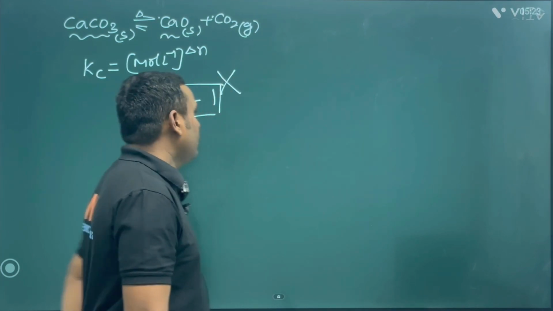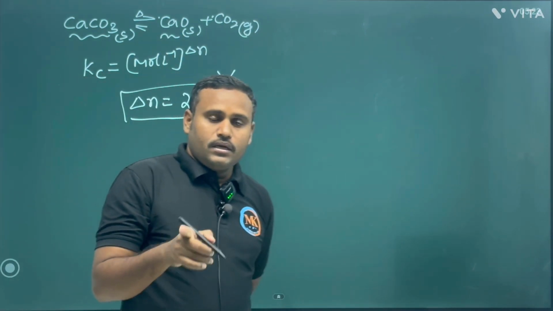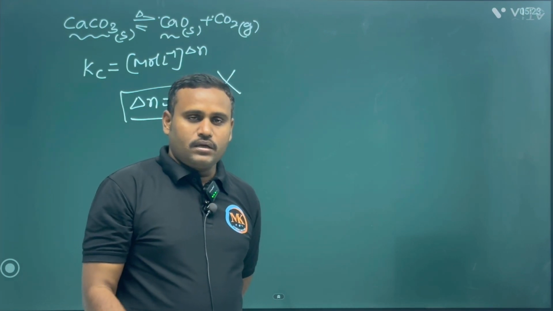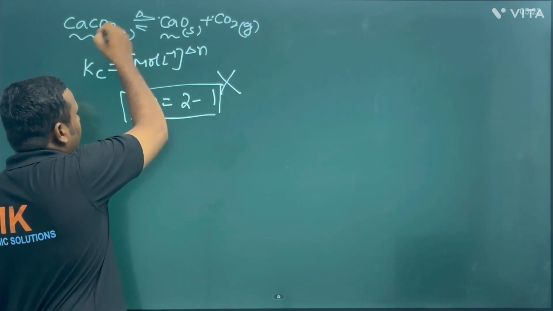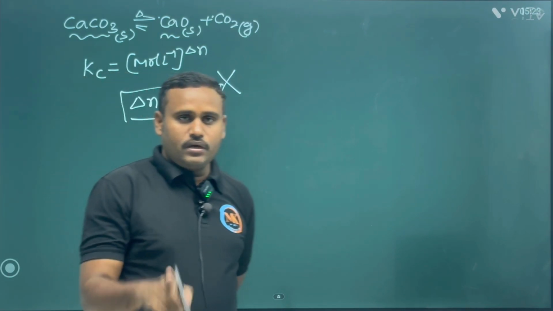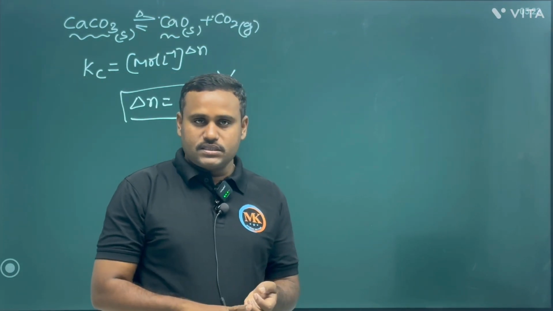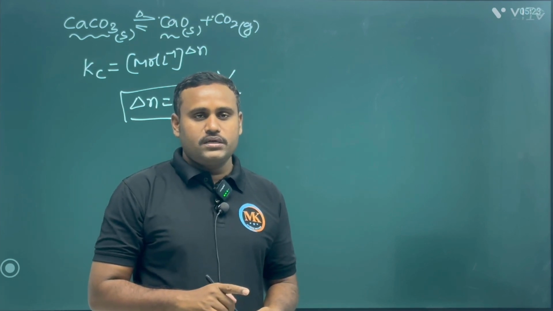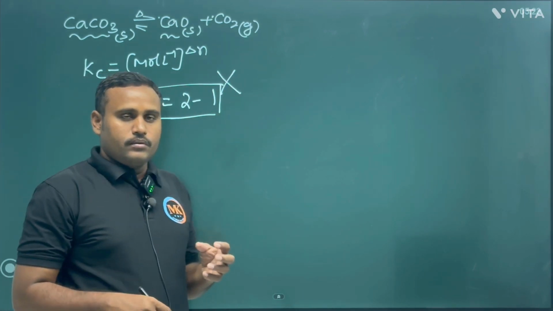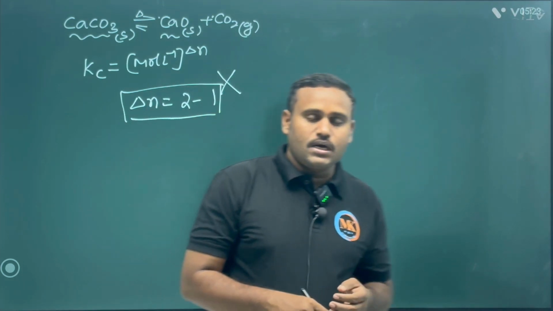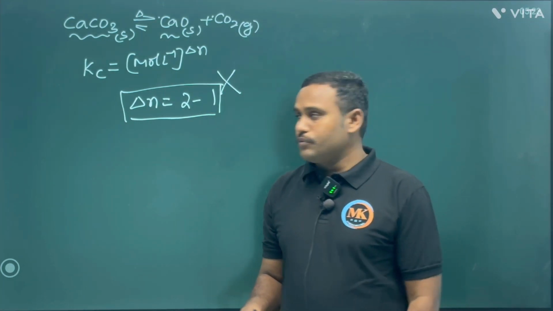That's why, if any solid or pure liquid is present in a reversible reaction or in equilibrium, we are not at all going to take their molar concentrations. We are supposed to take only aqueous species and gases, not pure solids and pure liquids. Pure liquids and solids have molar concentration 1. That's why we are not supposed to take them.